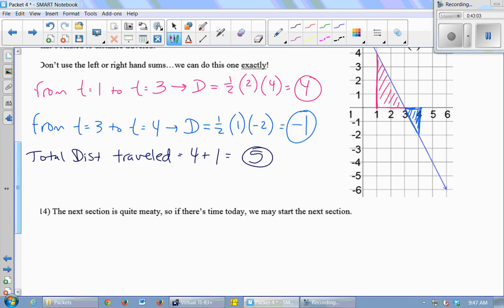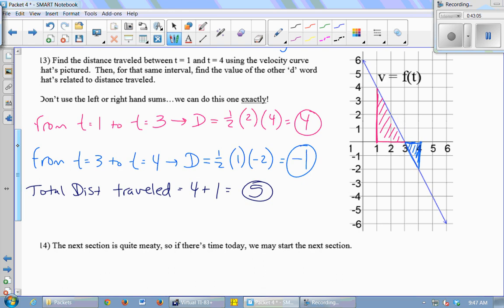But there's another D word that's related to distance traveled, where we don't take the absolute value and we actually consider distance as a signed value. Anybody know what that word is? Displacement. So if I walk 4 miles in one direction and then 1 mile back, I can describe my position, or my displacement from my starting point, as 3 miles.